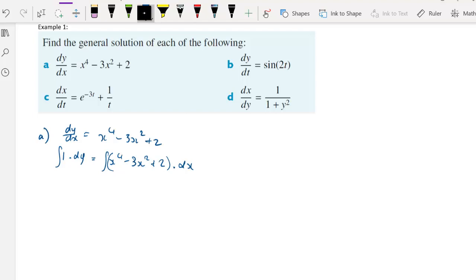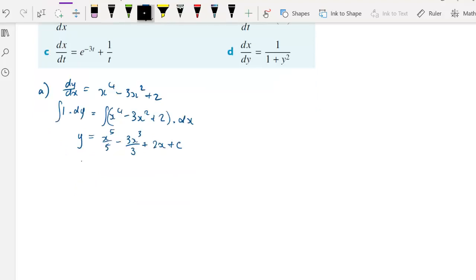The integral of 1 dy will be y, and we've got x to the power of 5 on 5, 3x cubed on 3, 2x, and don't forget the c. So we end up with y is equal to 1/5 x to the power of 5 take x cubed plus 2x plus c, and this gives us our general solution.